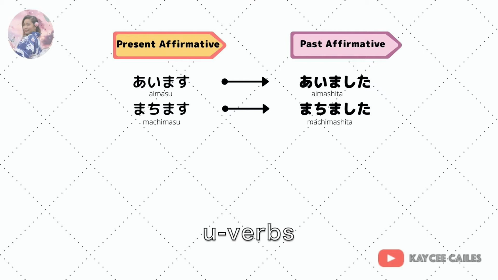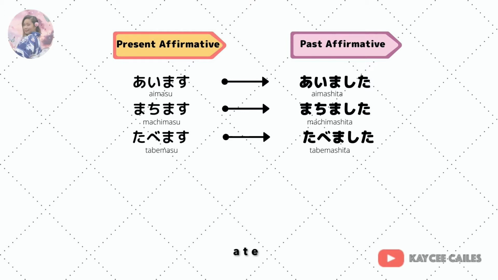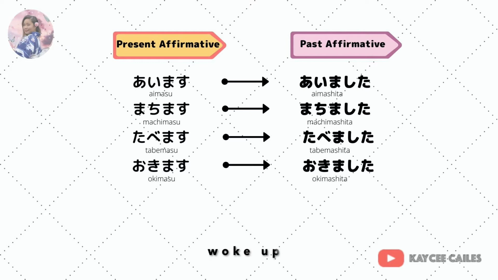Do you remember the conjugation rule for this? Next we have tabemasu. It will become tabemashita. Okimasu will become okimashita.